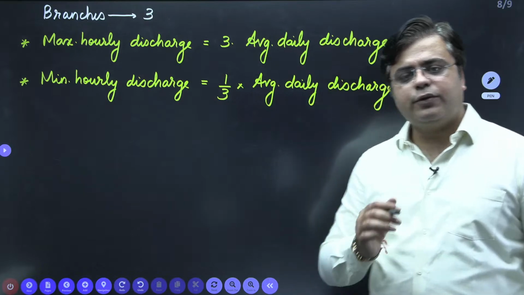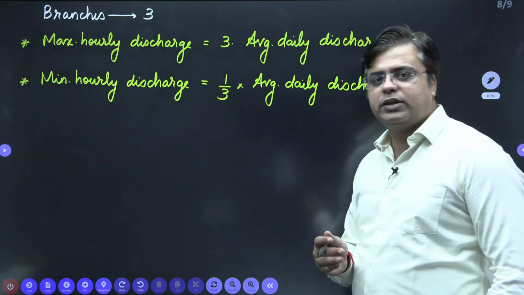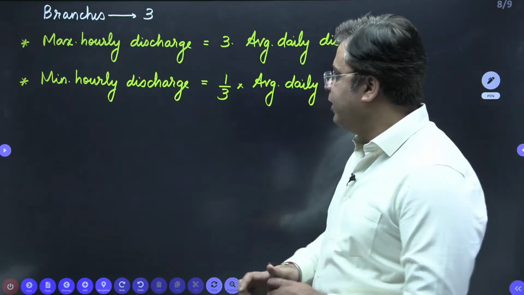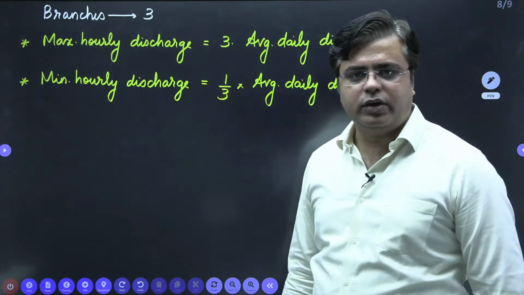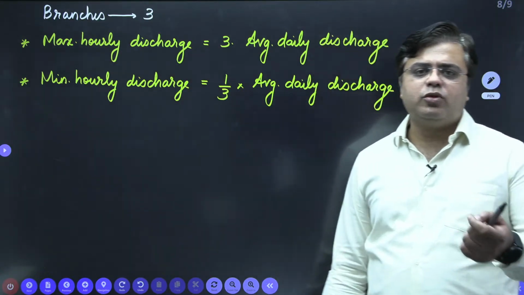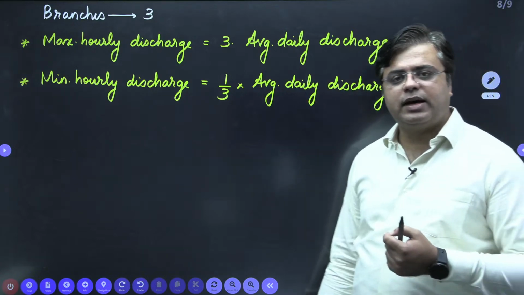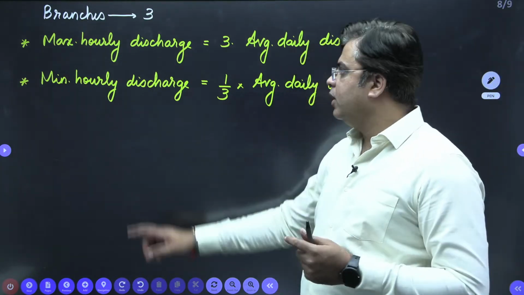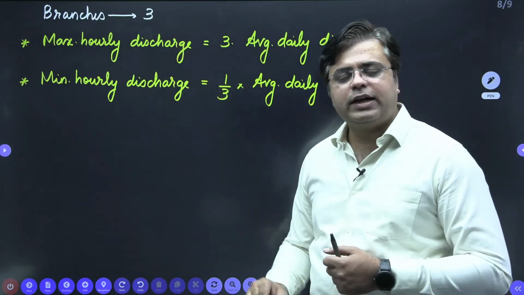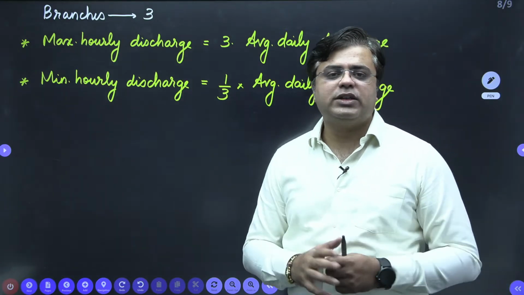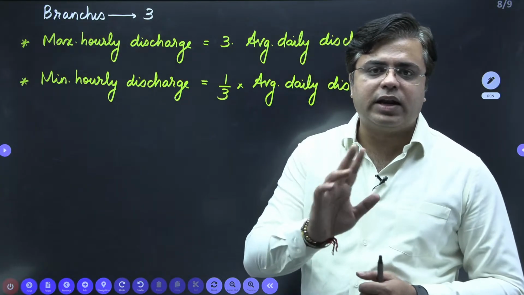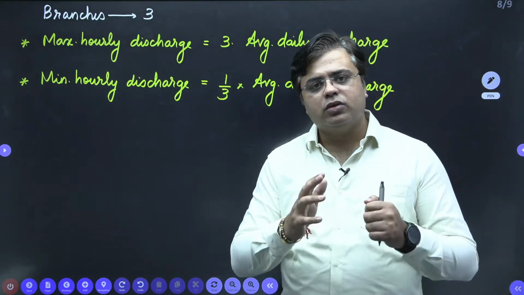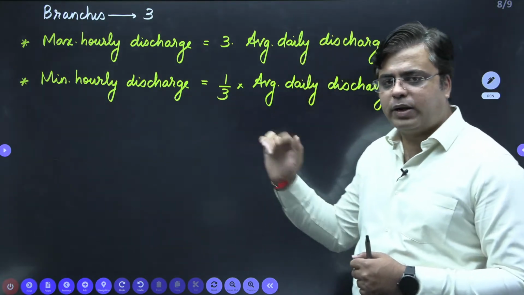In the examination, if you get a question, it will be around branch sewer only, right? So maximum questions framed in the examination are framed considering branch sewer only. That's why if fluctuation is given to you, it will be somewhere around 3, right? So you should focus more on this branch sewer.